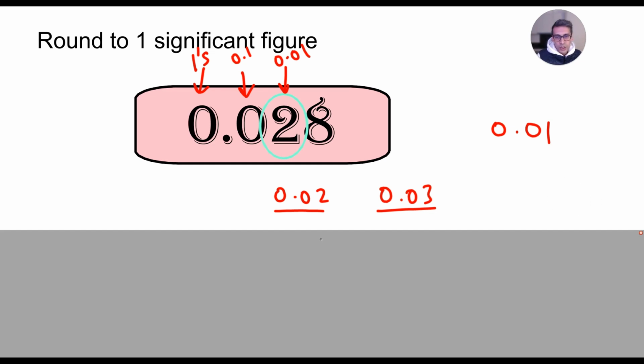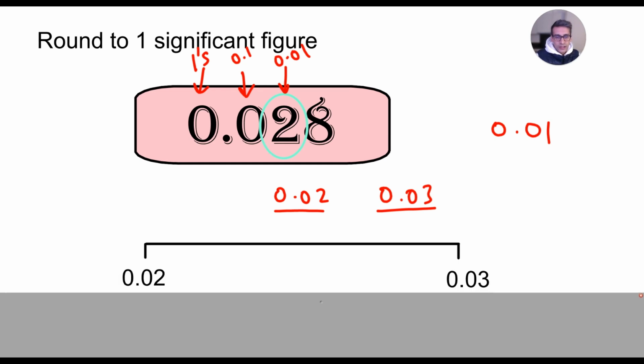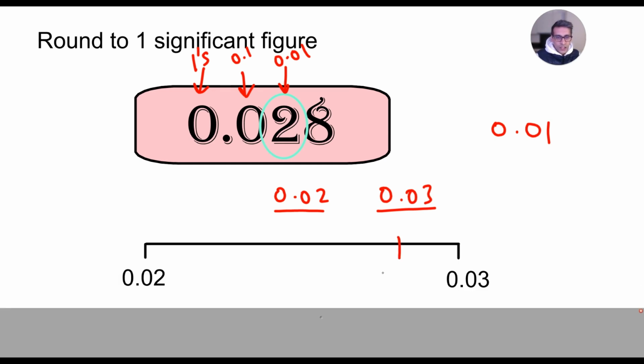So this is in between 0.02 and 0.03. And on the number line, it's going to be closer to 0.03. And for that reason, we're going to round up. So this to one significant figure is 0.03.